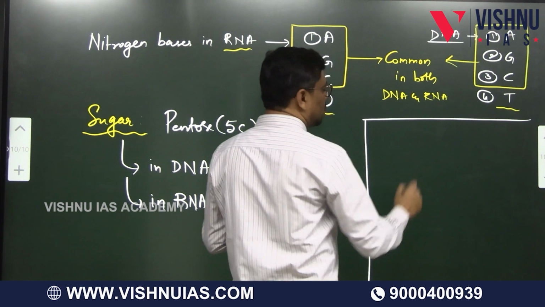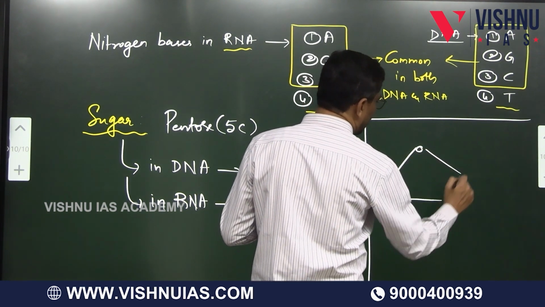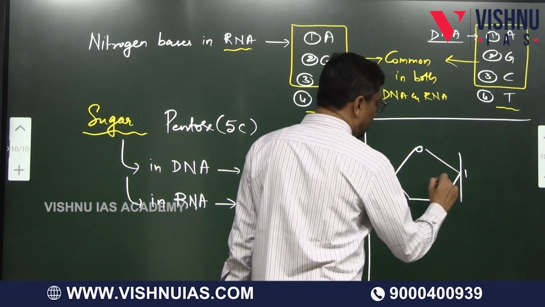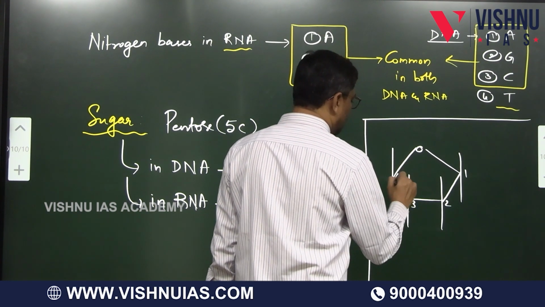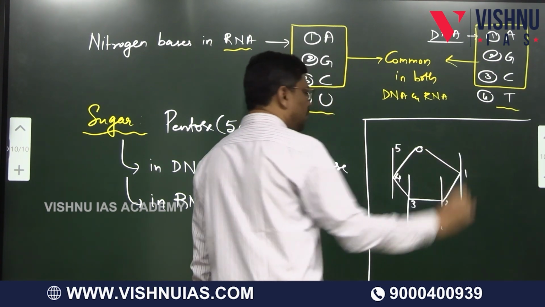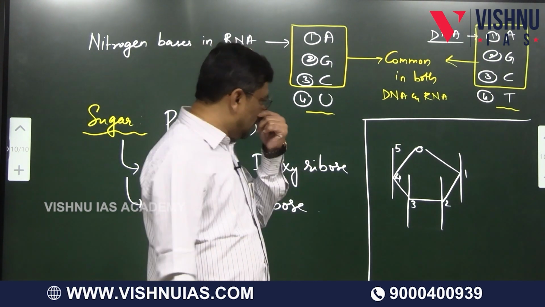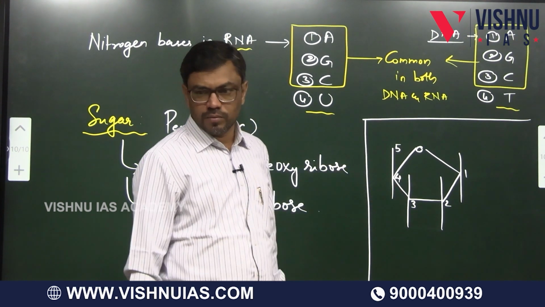Suppose this is a 5-carbon sugar, pentose sugar. This is the first carbon and second carbon, this is third carbon, this is the fourth carbon and this is the fifth carbon. This is the structure of ribose sugar. Got it? So first carbon, second carbon, third carbon, fourth carbon, fifth carbon.